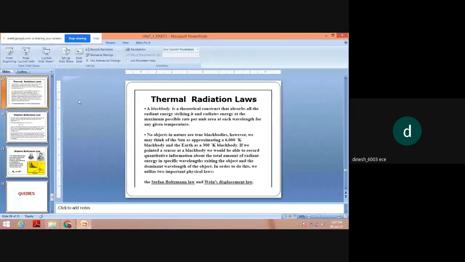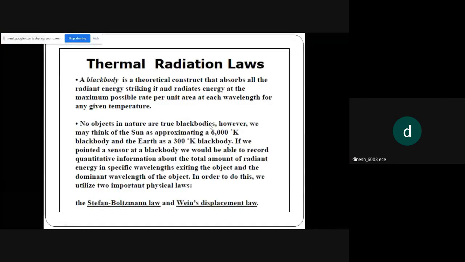I move on to the same topic, which I'm going to repeat in a different representation, which is again the thermal radiation laws. A black body is a theoretical construct that absorbs all the radiant energy striking it, and radiates energy at the maximum possible rate per unit area at each wavelength for any given temperature.